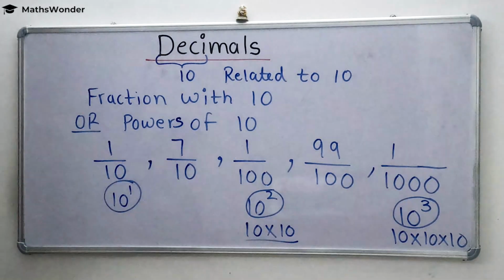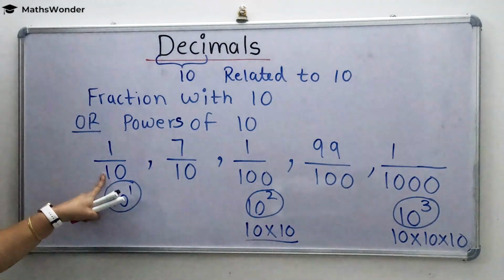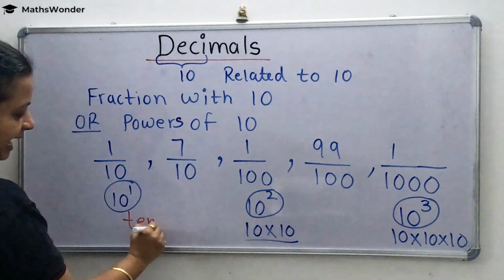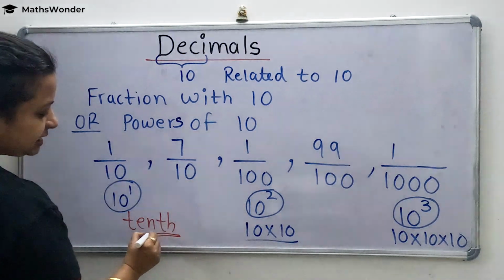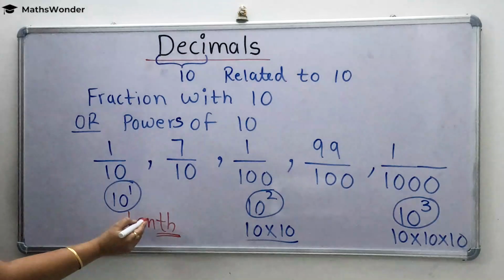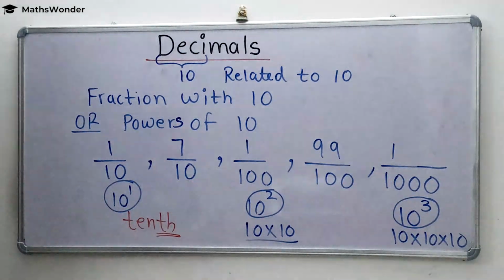For example, a fraction with 10 as the denominator, what do you call it? Tenth, T-E-N-T-H. TH stands for normal 10. The normal TEN means it's a normal 10.